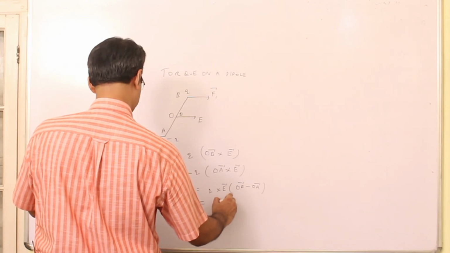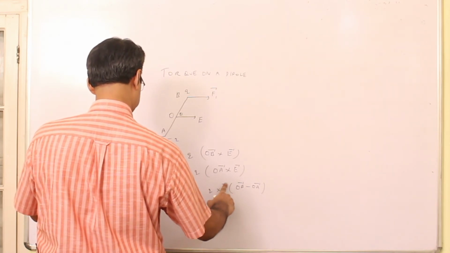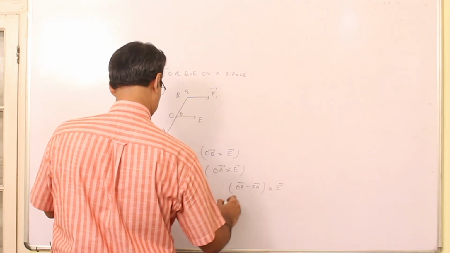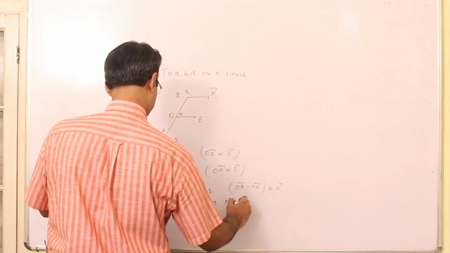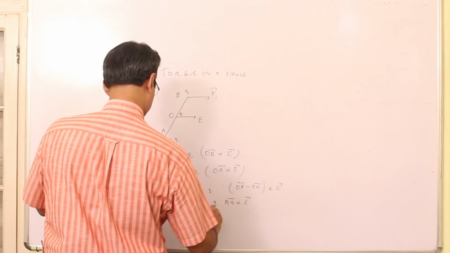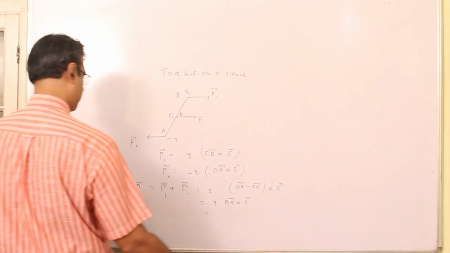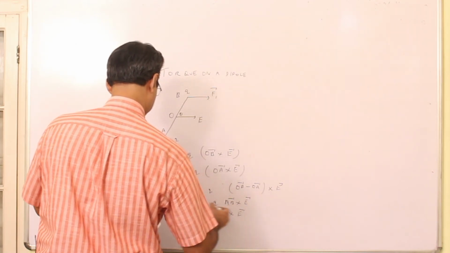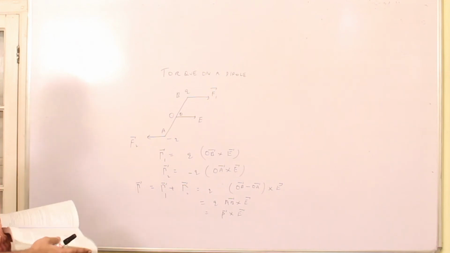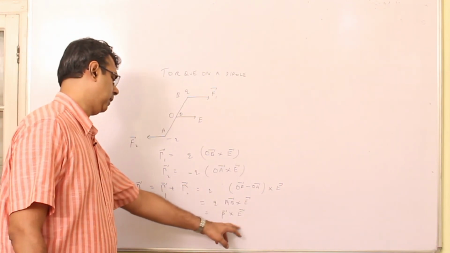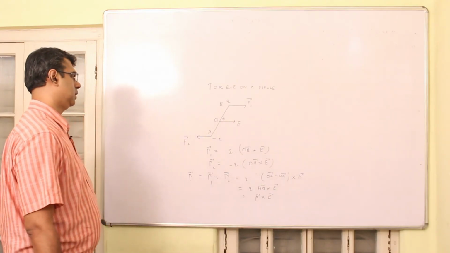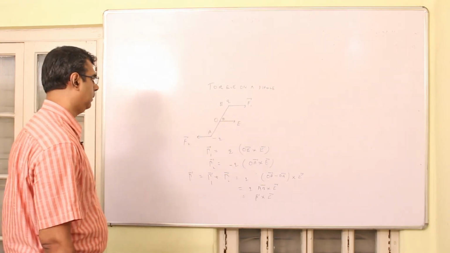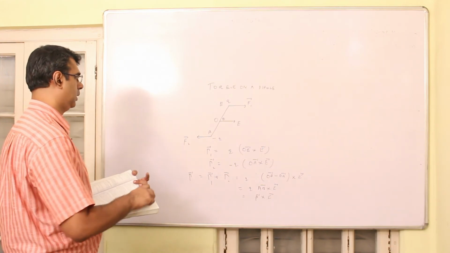So this is coming Q into AB into E. But if you look at the diagram, Q into AB is the dipole moment. So the formula for torque is dipole moment cross E. So this is the formula to find the torque on a dipole placed in a uniform field.